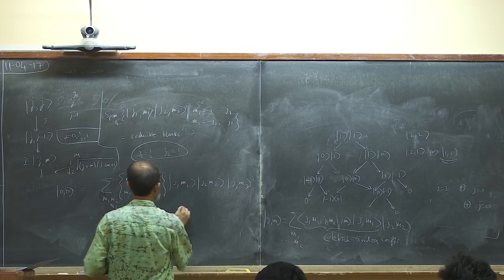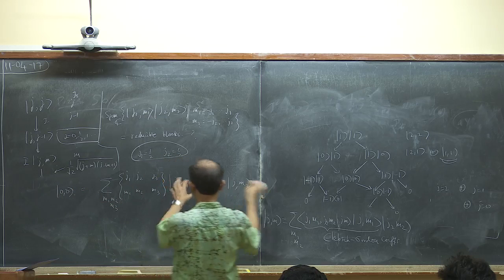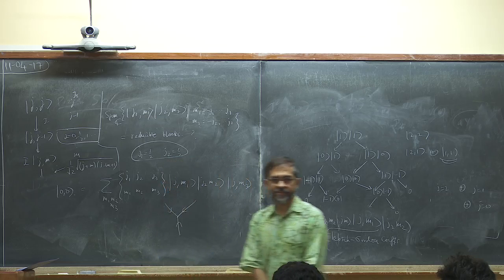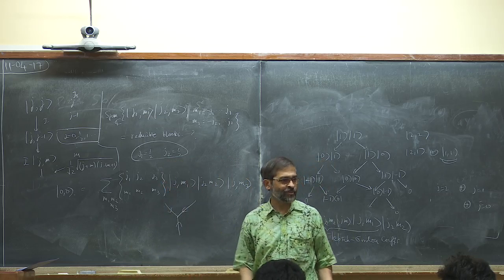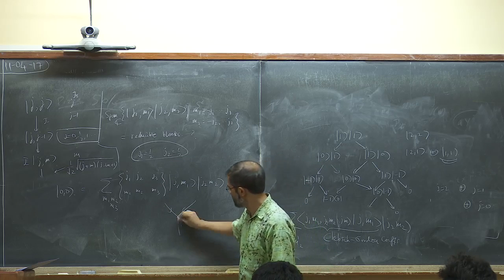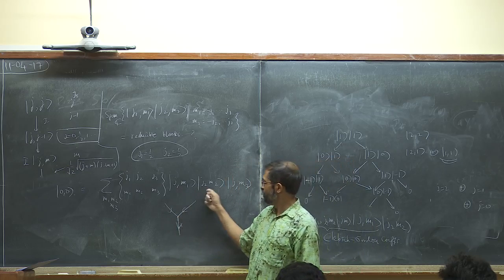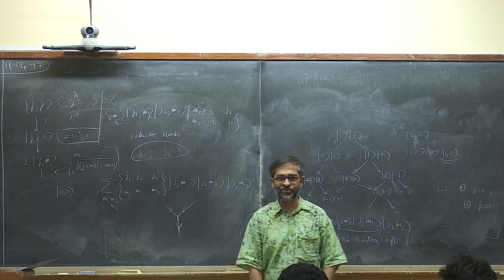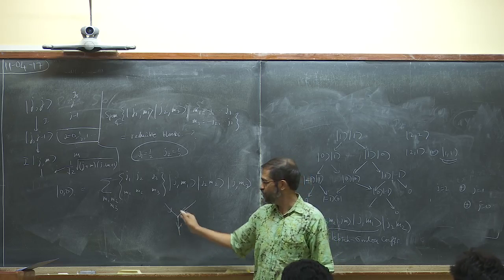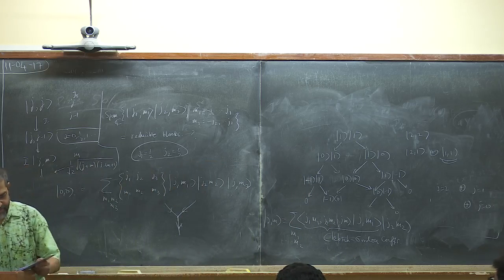So forming a singlet out of 3 different representations is like asking: can these 3 irreducible representations annihilate each other? And what's Clebsch-Gordan? Clebsch-Gordan asks: can J1 M1 and J2 M2 give rise to J3 M3? It's the same S matrix element, except that there are some phase factors between them.